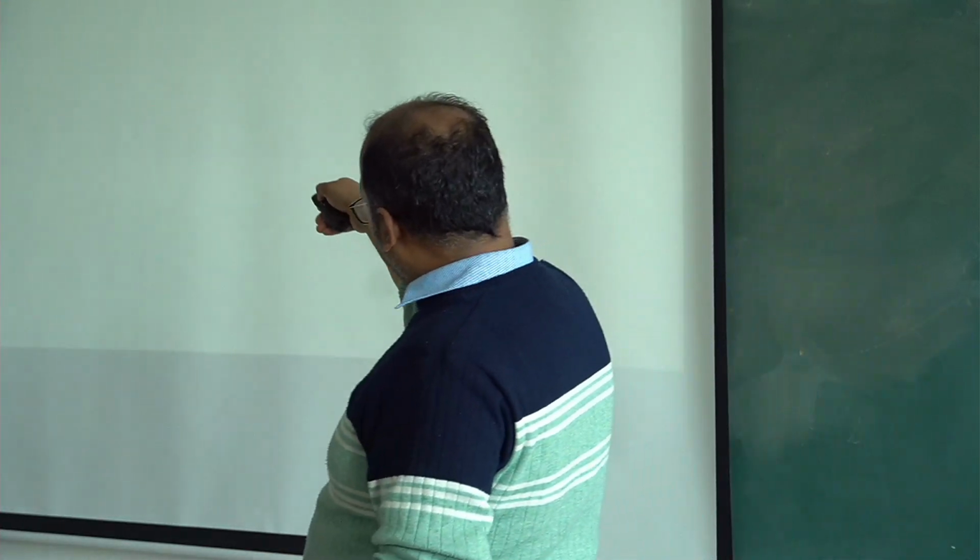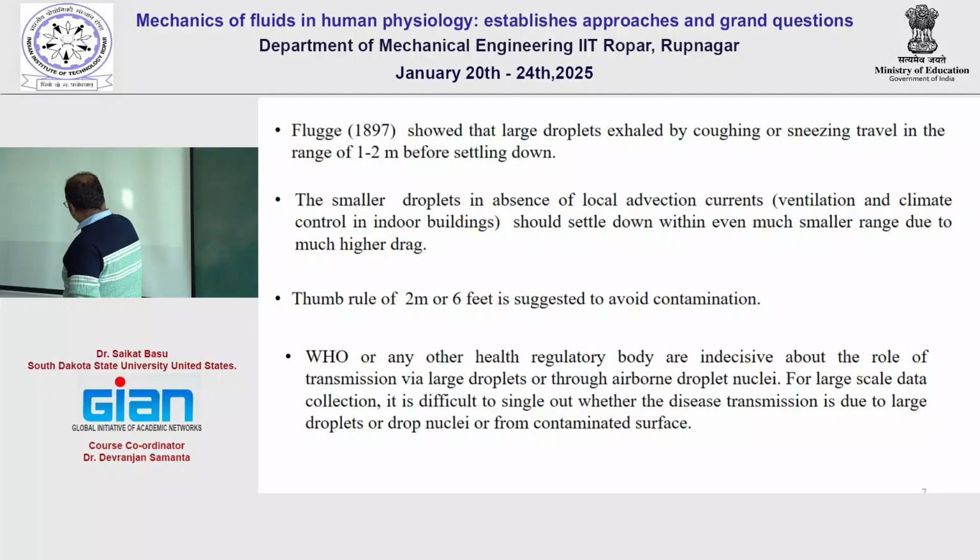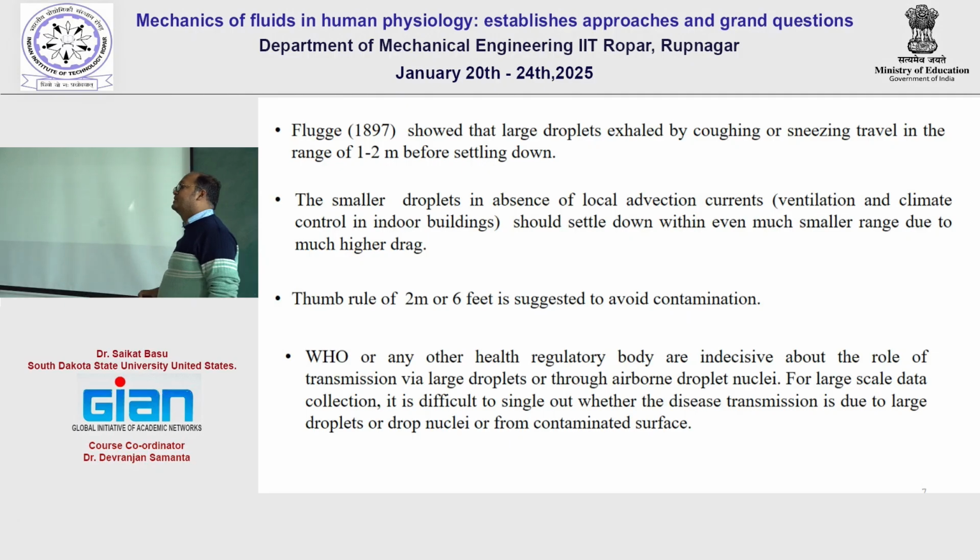Now, there is another paper from more than 100 years ago, Kluge, 1897. Just like we said, the larger droplets settle down within 1 second. He calculated the distance over which the larger droplets settle down, and that is 1 to 2 meters.